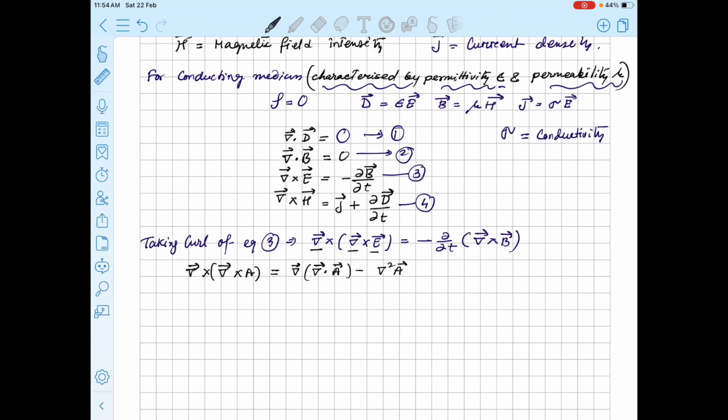Okay, so if we apply that, in this case the vector is E, so that A is simply E. So let me replace the A by E. If we do that, then it will be gradient of divergence of E, and minus del square of the E vector.